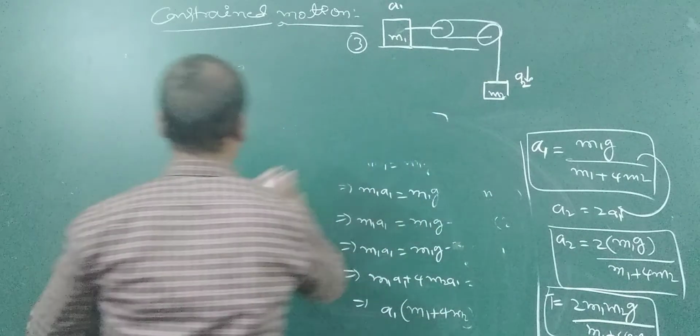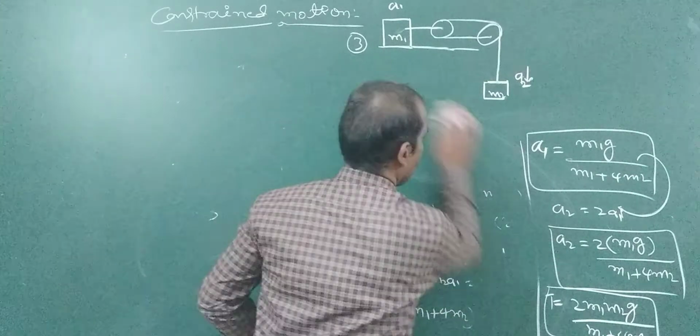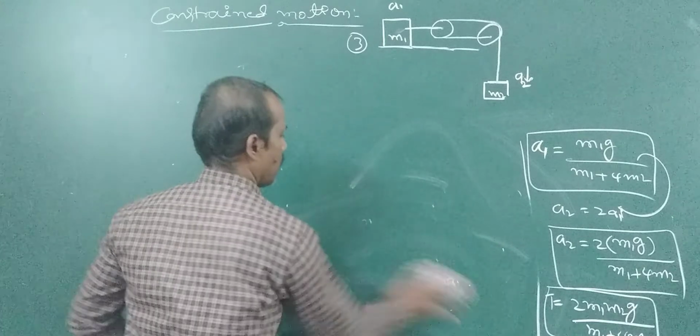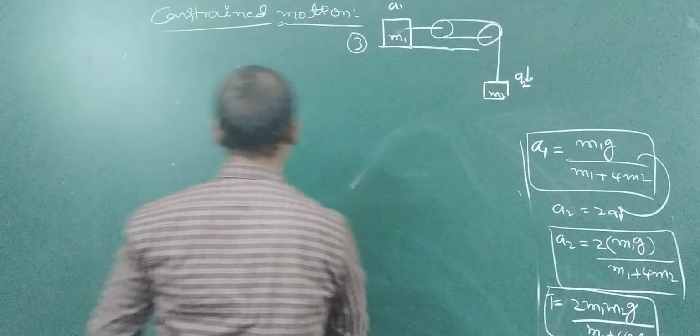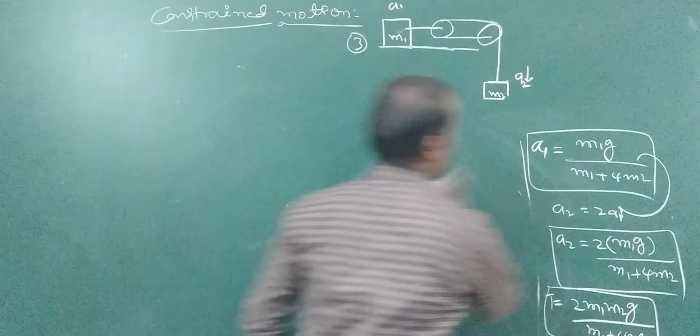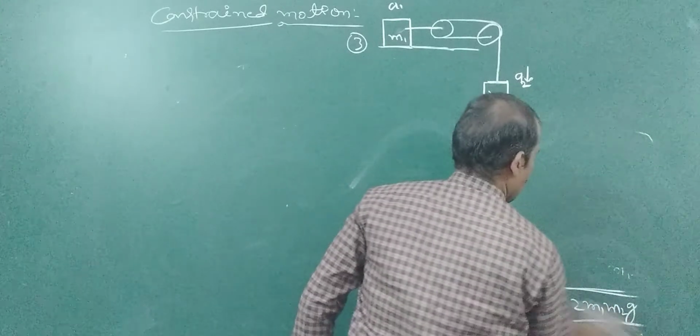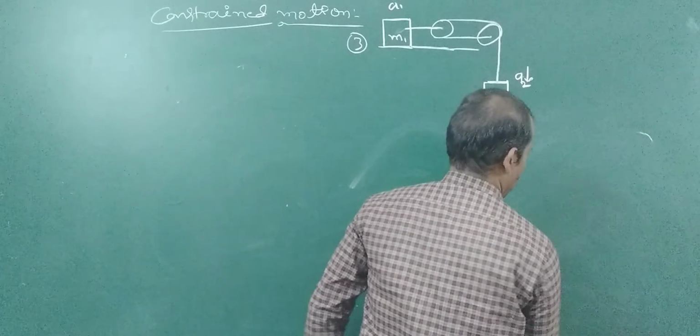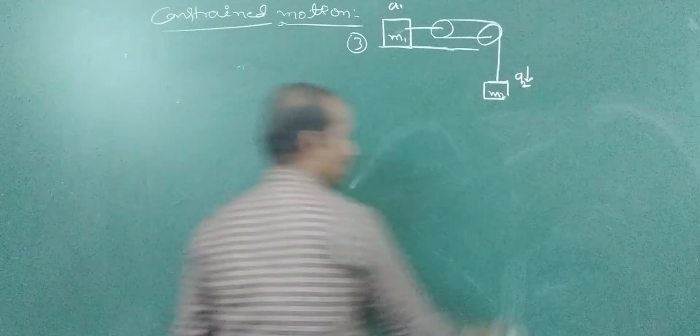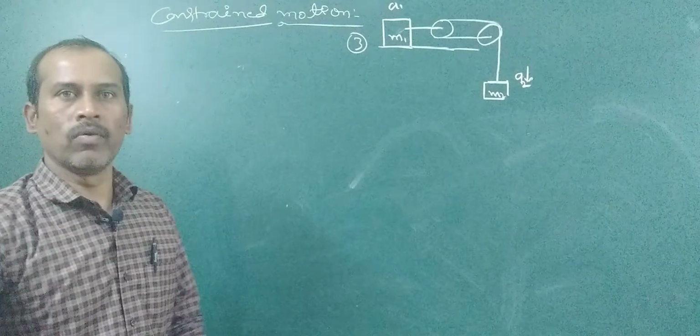Third diagram: two blocks, two pulleys, accelerations a1 and a2, tension in the string T. Now the m1 block is moving in the forward direction and the m2 block is moving downward.